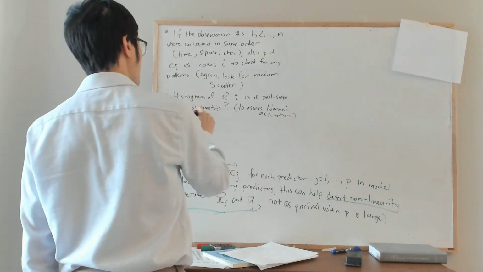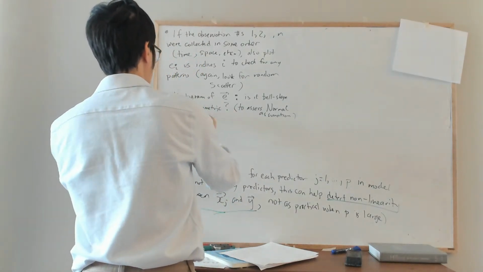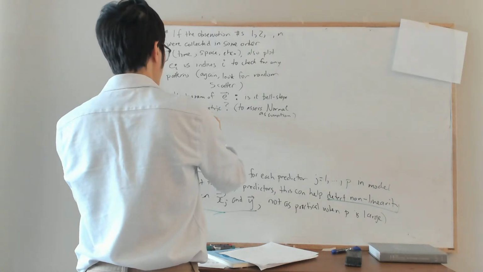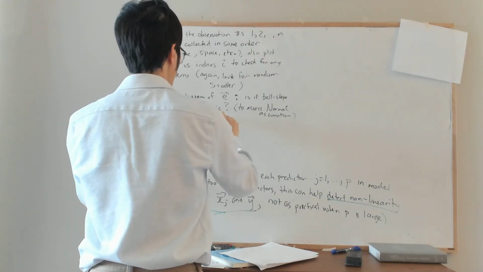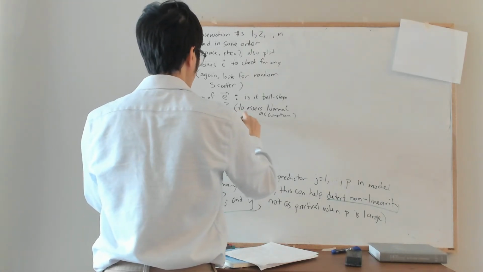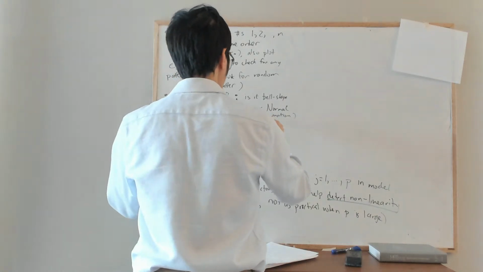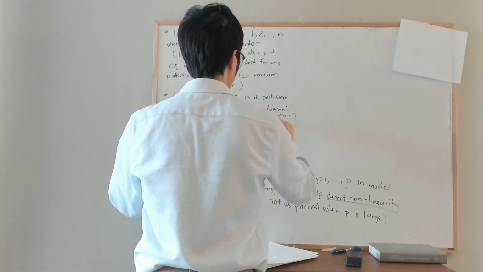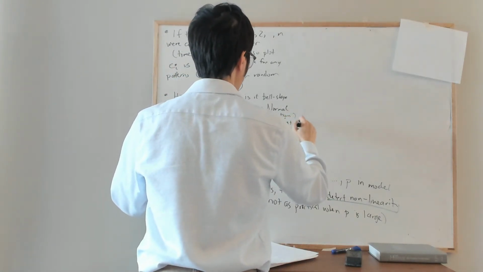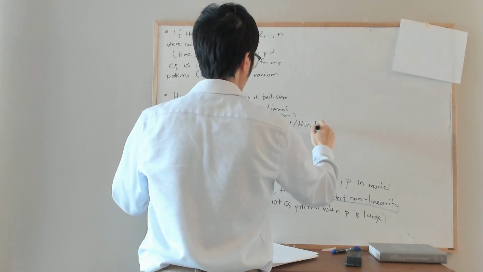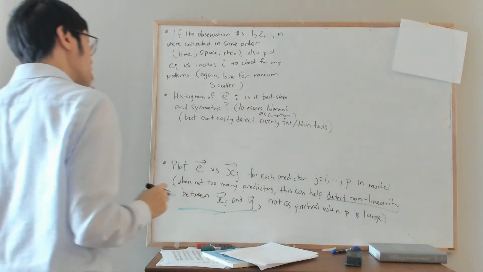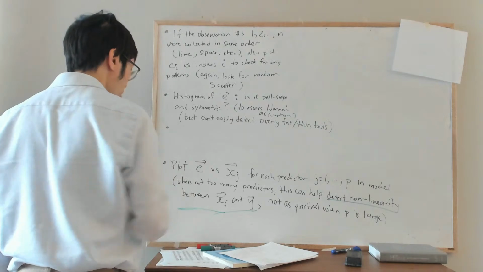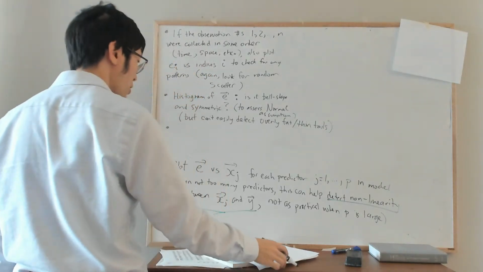The histogram can't easily detect overly fat or thin tails. A more formal plot is the QQ plot.